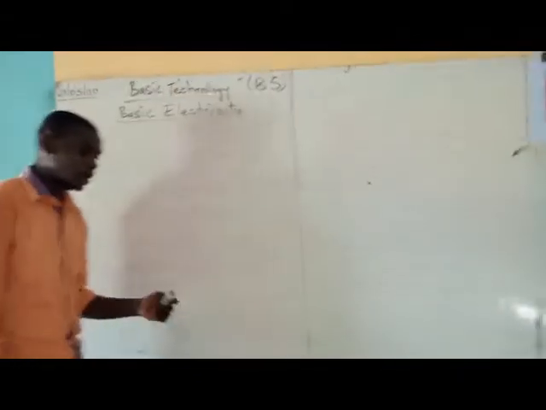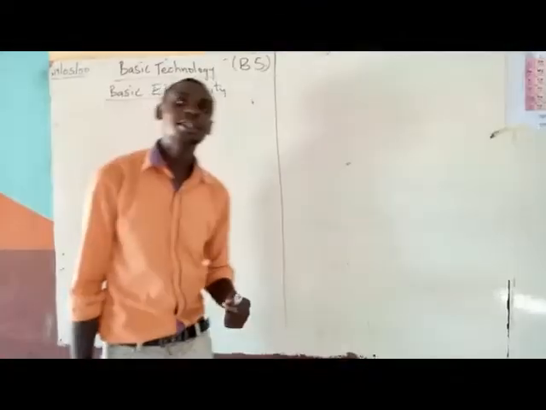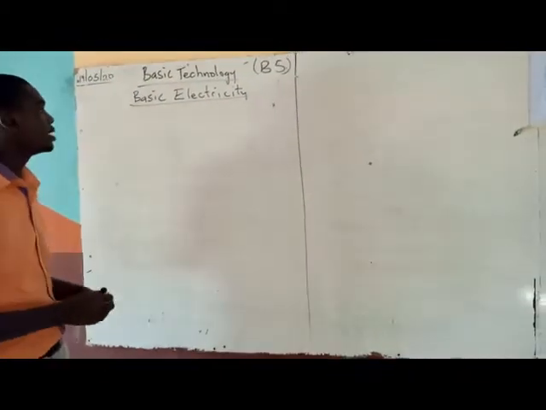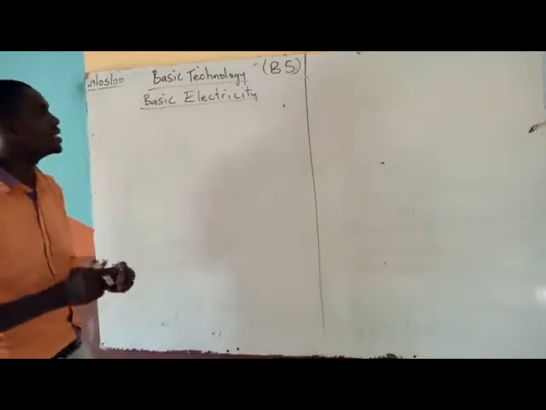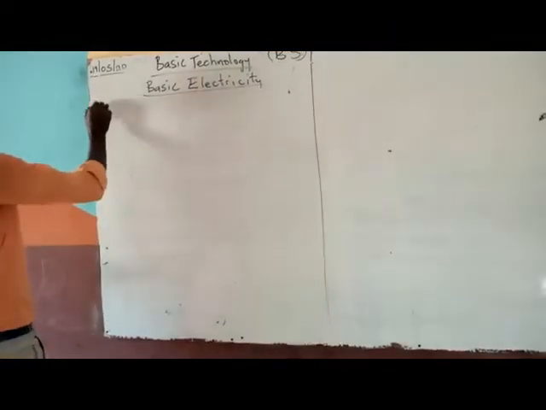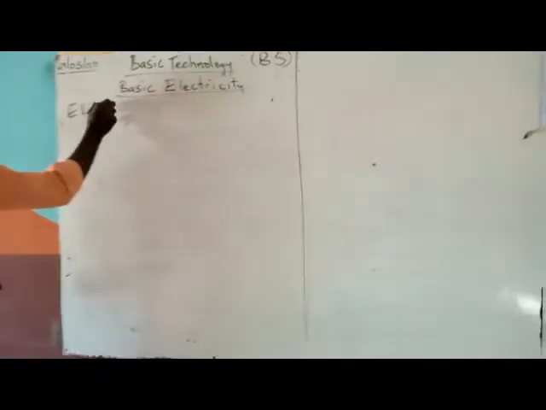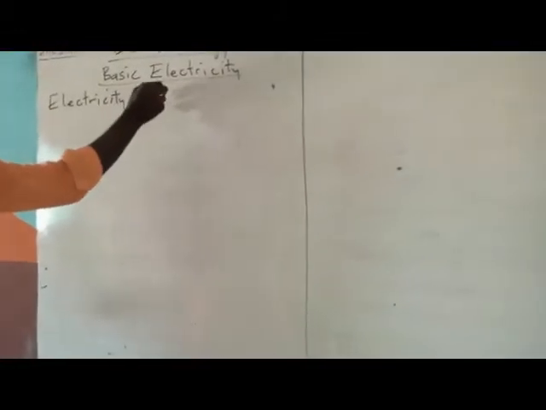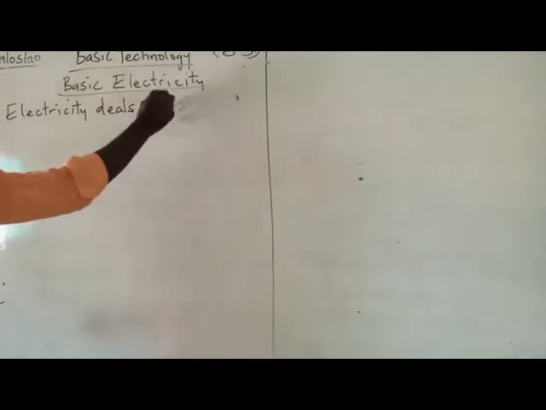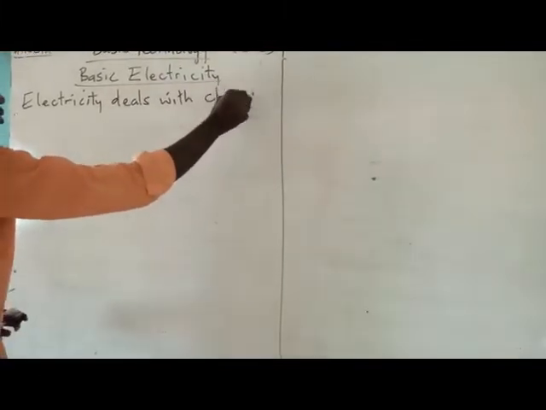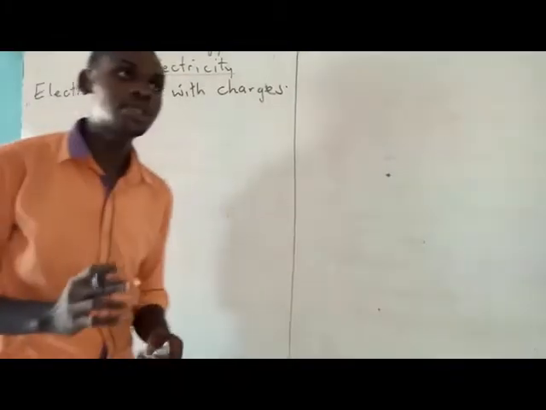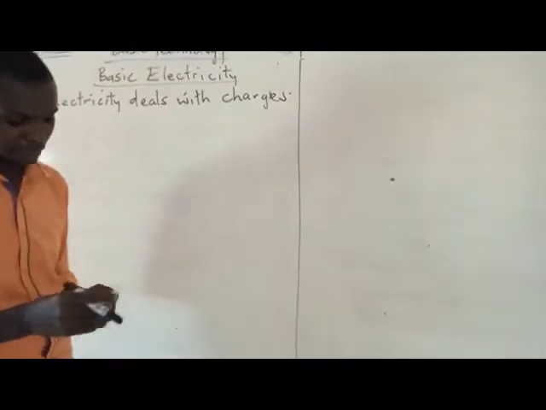Now, what is electricity simply? Electricity simply has to do with charges. Electricity has to do with charges and currents. Now, there are two types of electricity that we have.